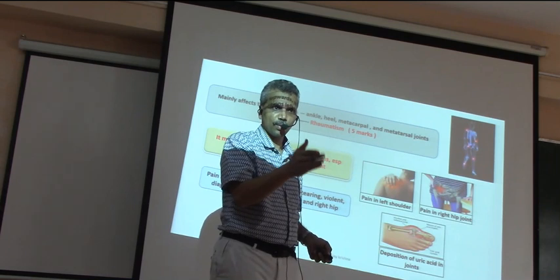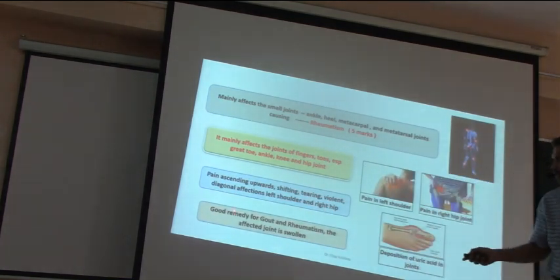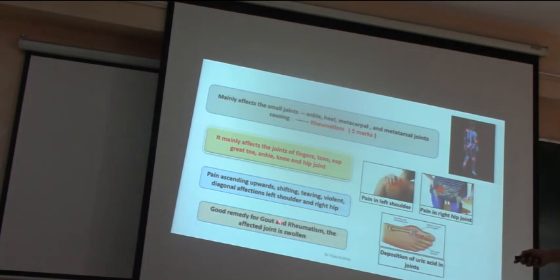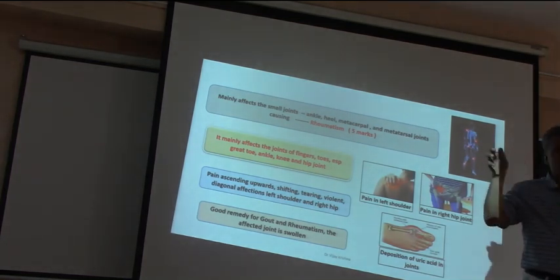Rheumatism, gout. See, I have written this in text form here. Good remedy for gout and rheumatism. The affected joint is swollen. Any questions here? How are we trying to explore the joints?